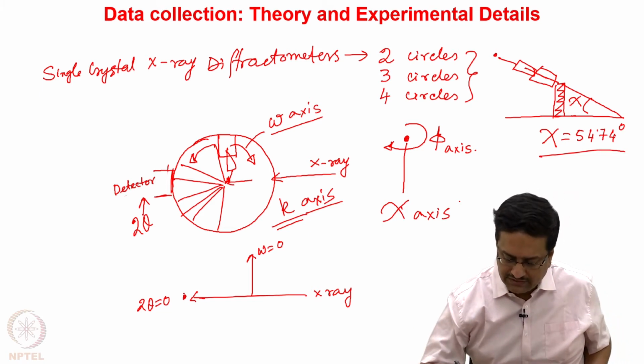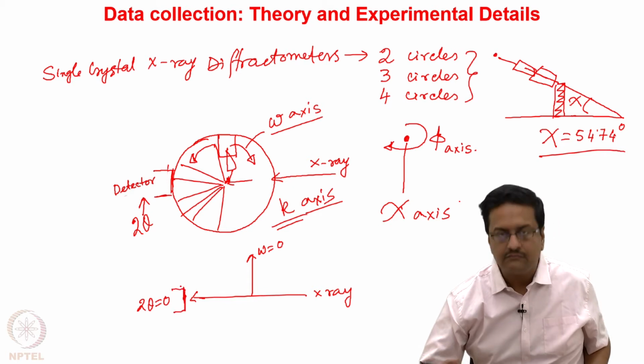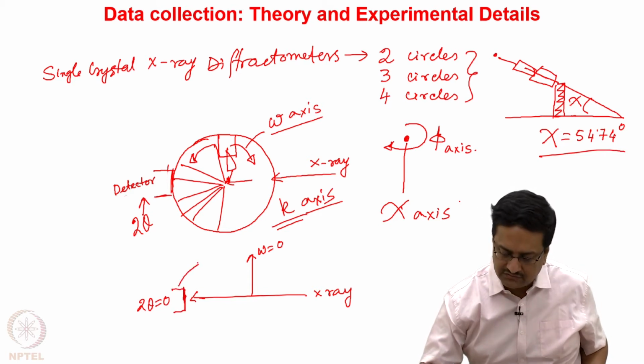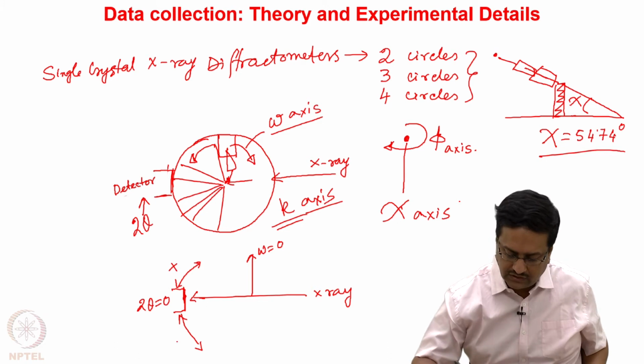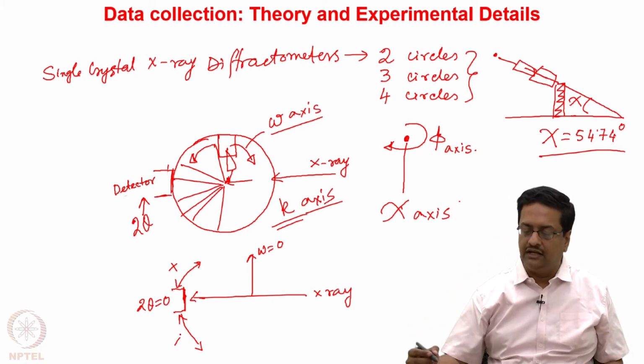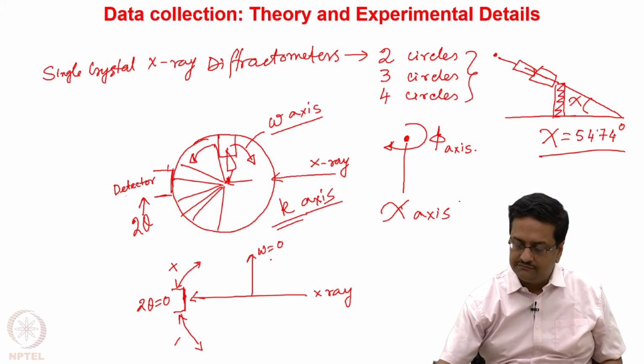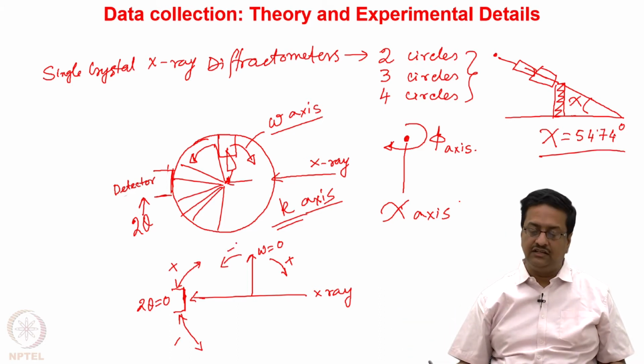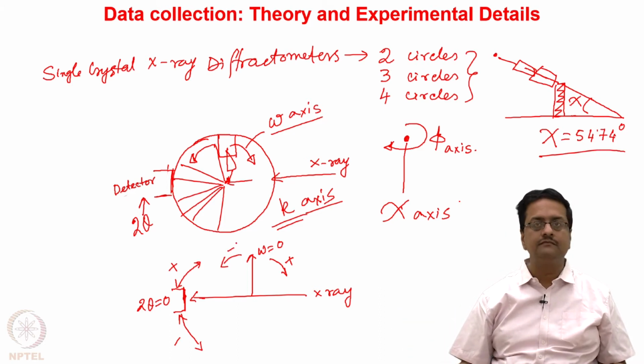With the detector located at 2 theta 0, one can rotate the detector in either direction, plus and minus, and simultaneously omega can be rotated in either side along with 2 theta.